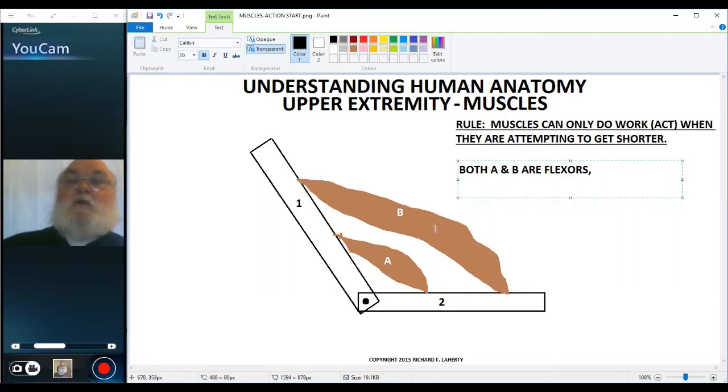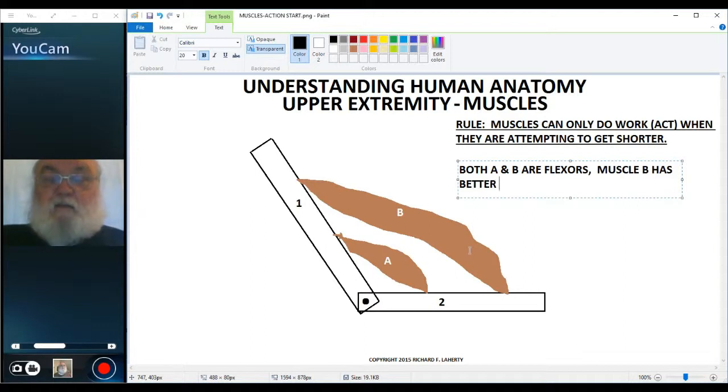It will be able to move more weight. So muscle B has a better mechanical advantage than muscle A.